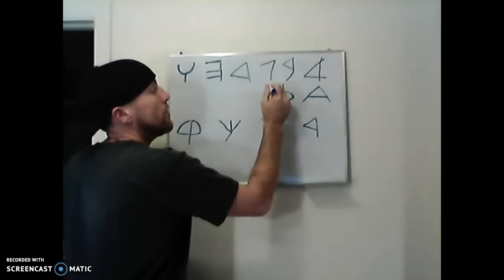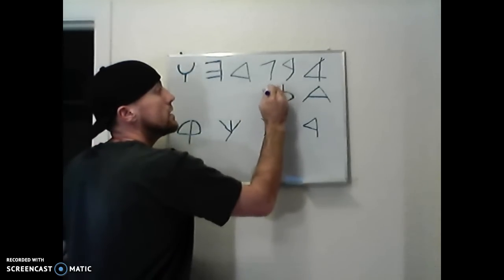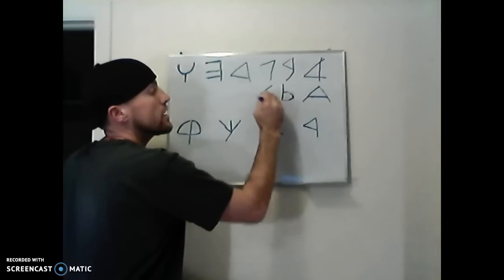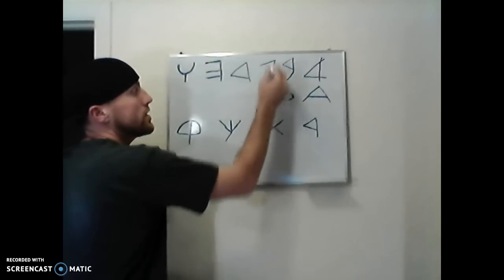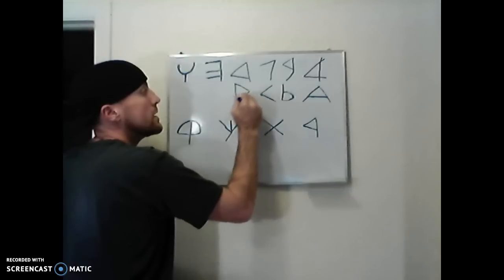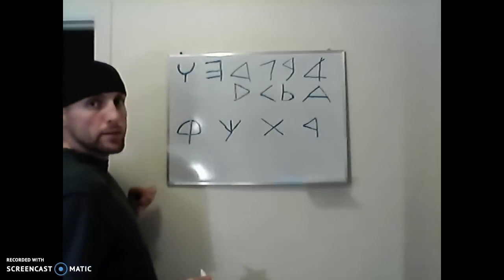Our next letter in our alphabet is C. I'll go ahead and draw it like a Greek-looking C so you can see the similarities. Then we have D, right?